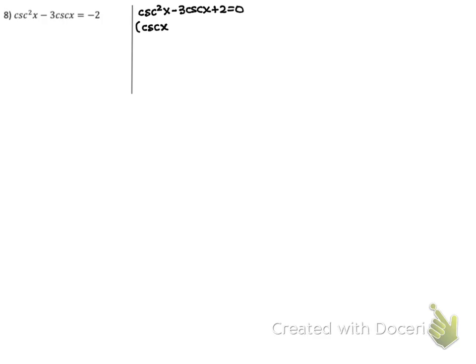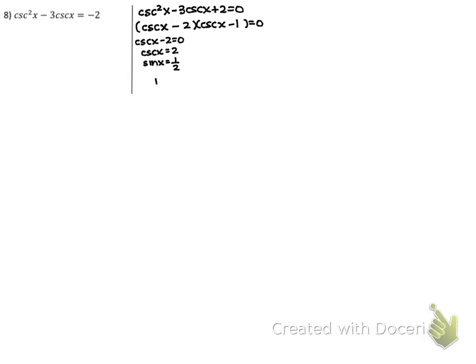So boxes and diamonds, cosecant x. When I factor, I get a minus 2 and a minus 1. Zero product property. Cosecant x minus 2 equals 0.